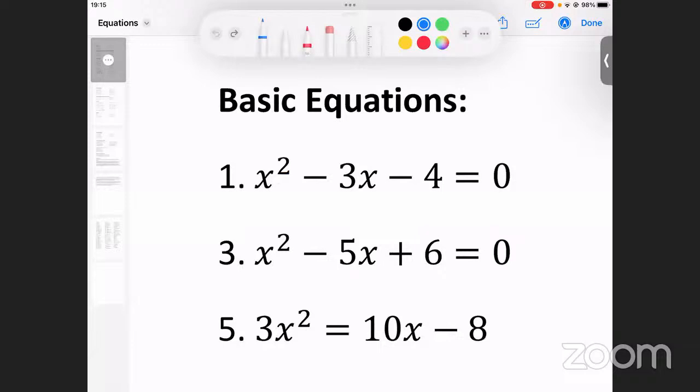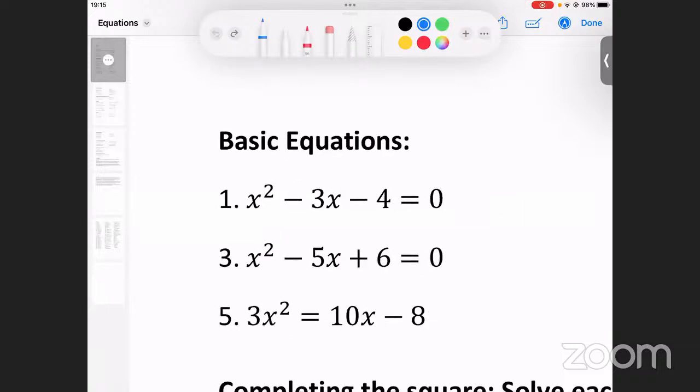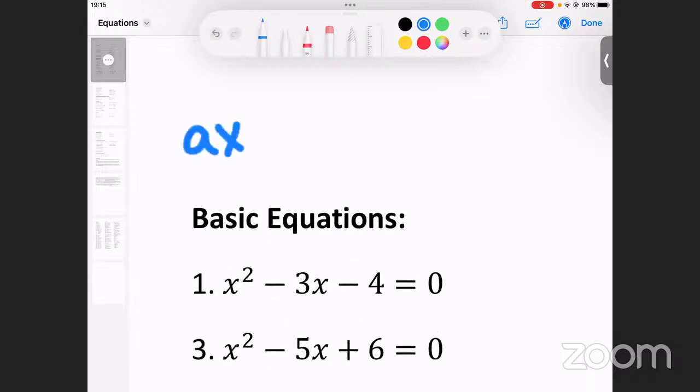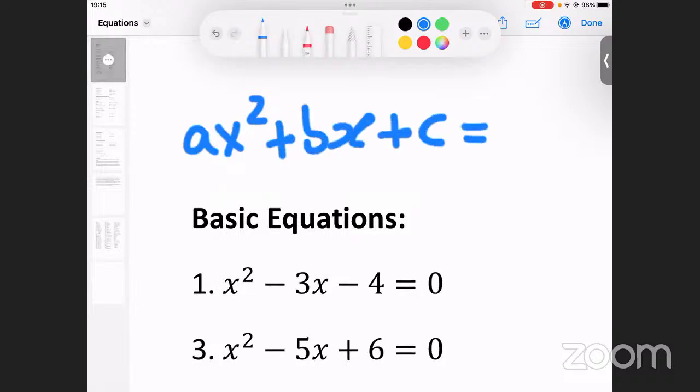Before you can work out a quadratic equation, you need to make sure that it is in the standard form. The standard form is ax squared plus bx plus c, and everything has to be equated to 0. Always when you have a quadratic equation, everything must be equated to 0.